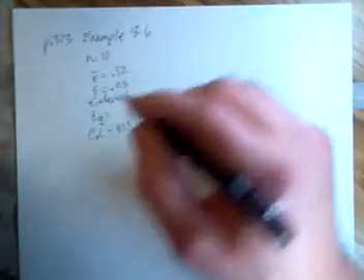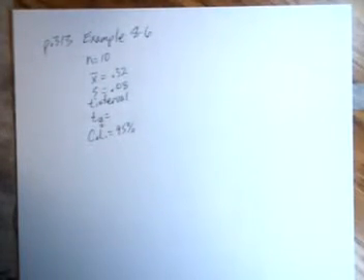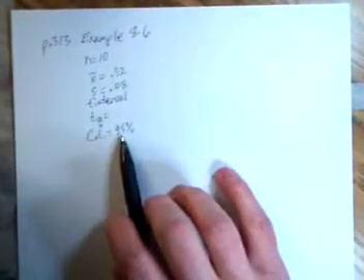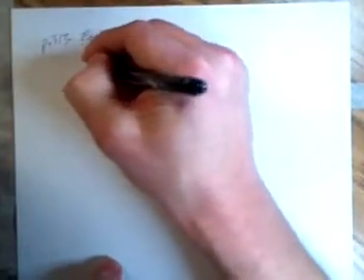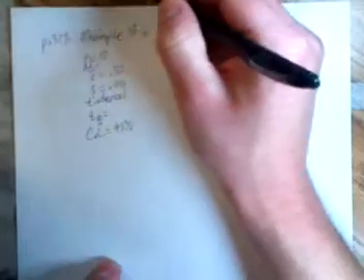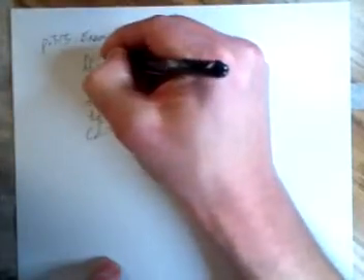And so, using your page 684 table of t-scores, you would choose a column based on your level of confidence. So we need the 95% column, which is this column right here, and we need to calculate our degrees of freedom to choose the correct row. The degrees of freedom, which is n minus 1, is just 1 less than 10.